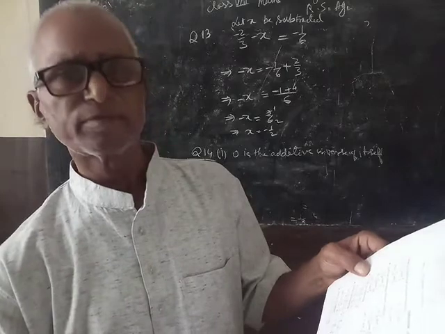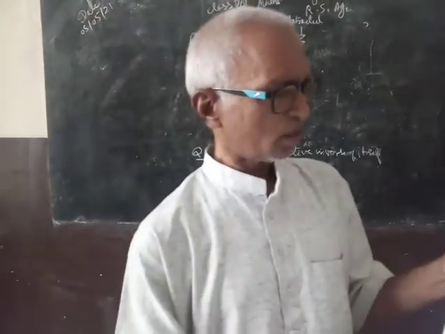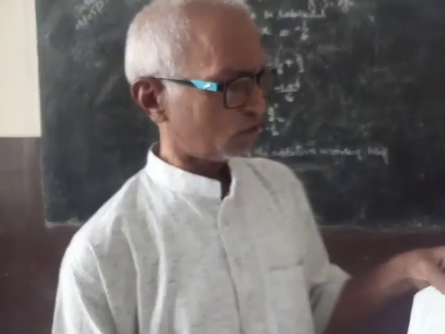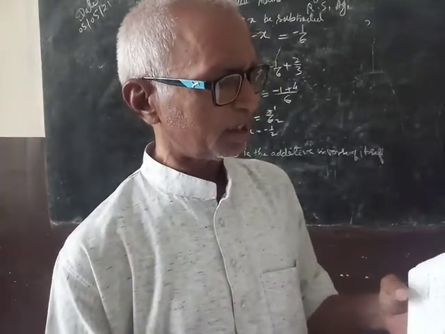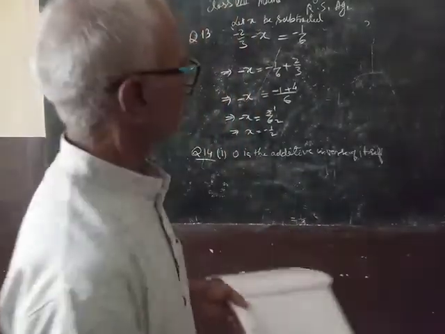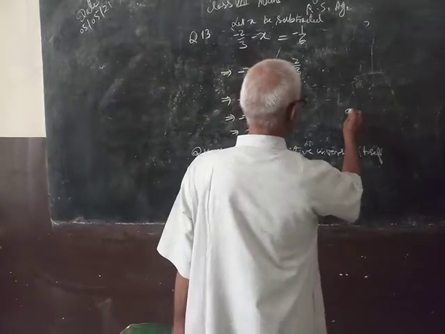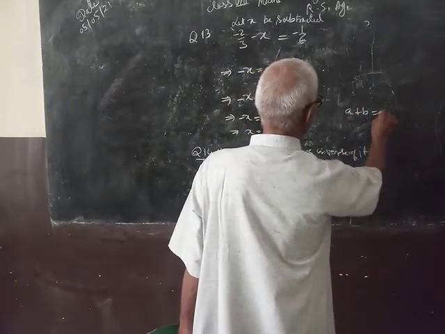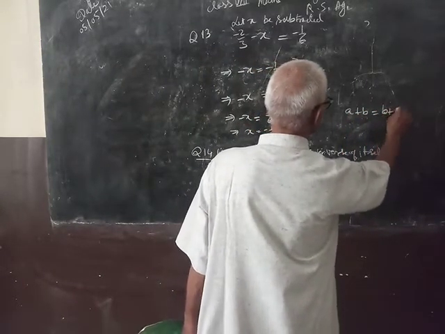See, minus 12 by 5 plus 2 by 7 is equal to 2 by 7 plus minus 12 by 5. Means commutative property holds good when a plus b is equal to b plus a.